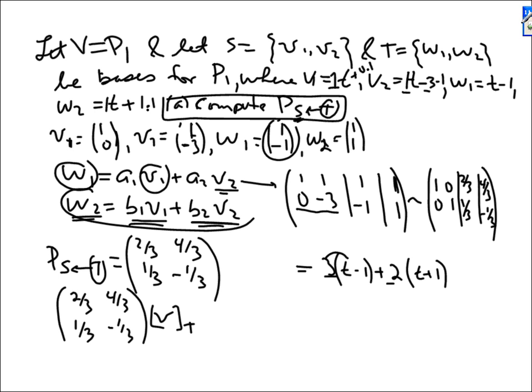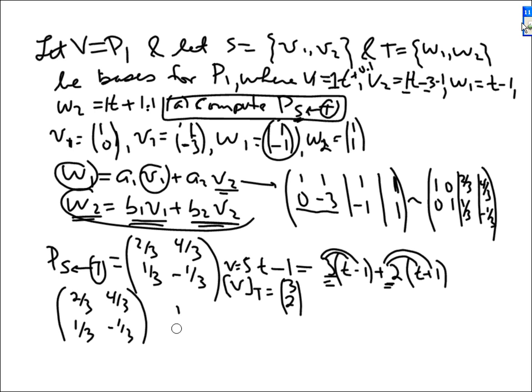This gives me 3t plus 2t is 5t. Minus 3 plus 2 is minus 1. So that's 5t minus 1. If v is equal to that, then v with respect to basis T is just 3, 2.